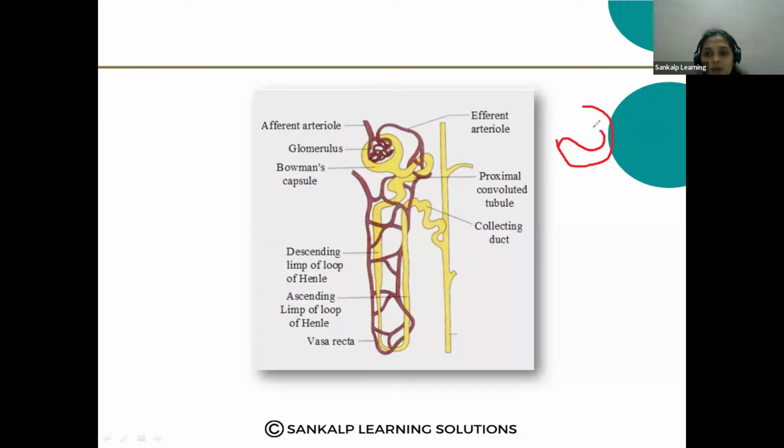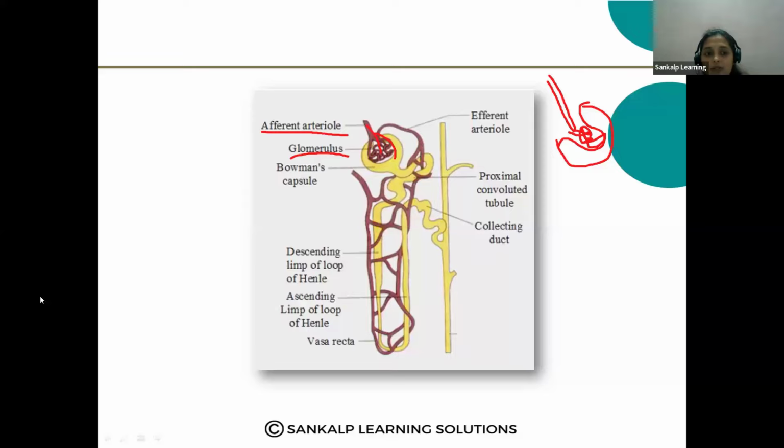The Bowman's capsule has a connection of blood capillaries called the afferent arteriole, which carries the blood to the Bowman's capsule. This Bowman's capsule and these blood vessels together are called a glomerulus. The blood enters through the blood capillaries, and here the filtration of the blood takes place.